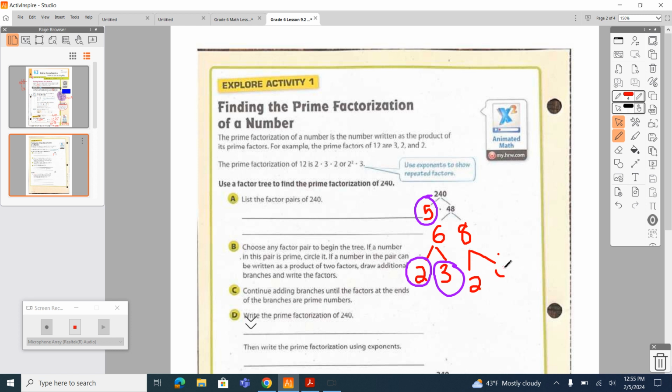And so you'll see I'm circling each one when I say, okay, I can't go any further. I can't factor down 2 any further, but 4 I can. And I'm going to get 2 times 2. Now, in the problem here, I should have circled those in purple.